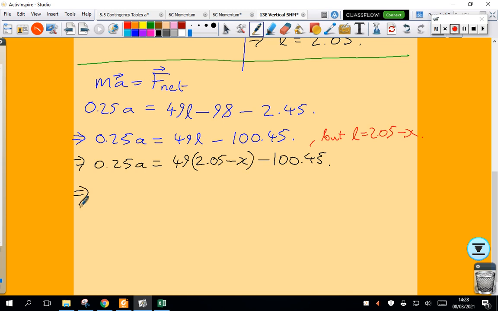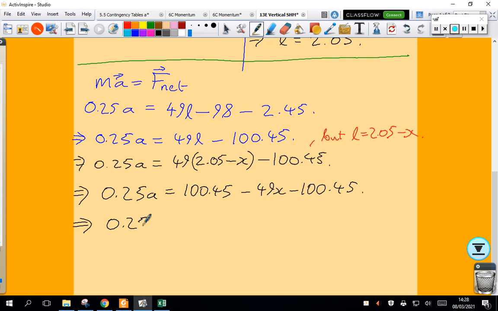And again, this is really just a linear equation. All I'm doing is 0.25A, 49 times 2.05 is 100.45. Multiplying it by the negative x, that's minus 49x, minus 100.45. And again, that's telling me that 0.25A is going to equal negative 49x.